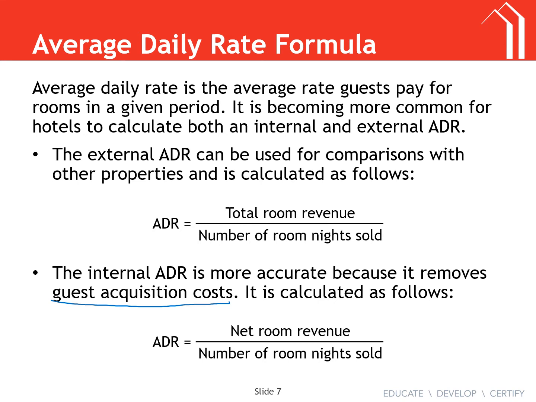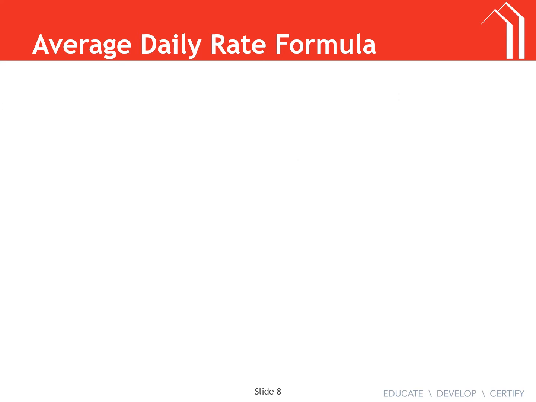Exactly. So we could have a total room revenue of $1,000 or whatever. But if some booked through hotels.com and we had to pay them, then we can subtract those costs and create that net room revenue. So it's a little bit more accurate than the total room revenue. So y'all are using the net revenue, okay?